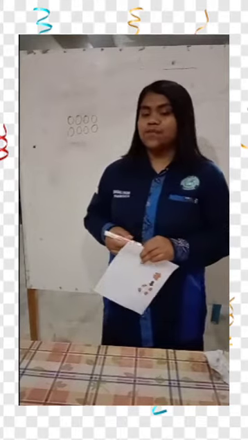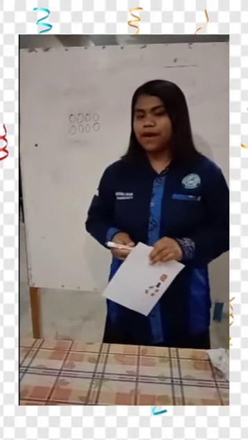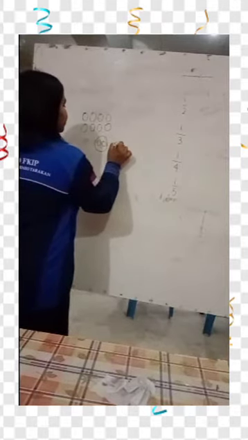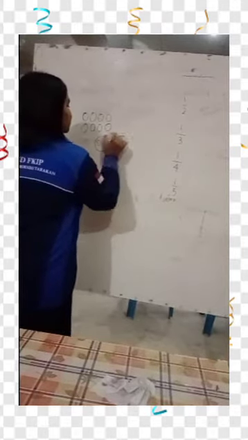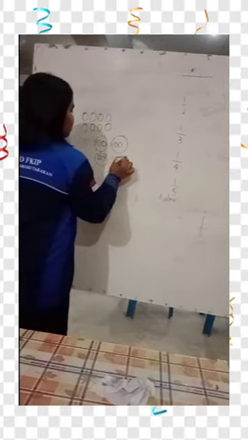We can get a quarter of it after dividing it into 4 equal groups. 1, 2, group 1; 3, 4, group 2; 5, 6, group 3; 7, 8, group 4.